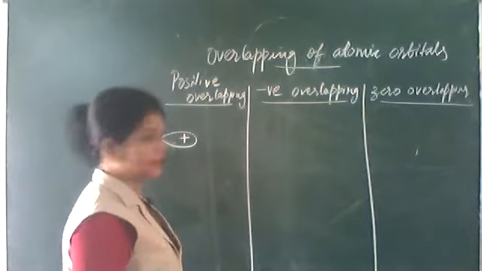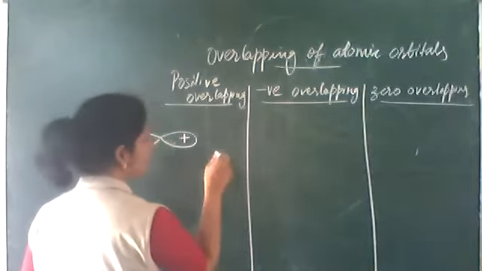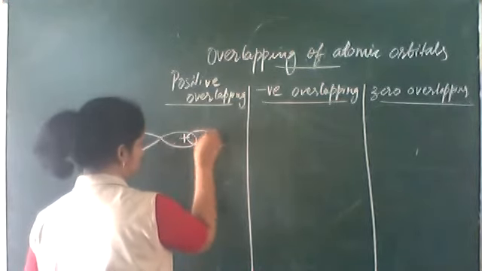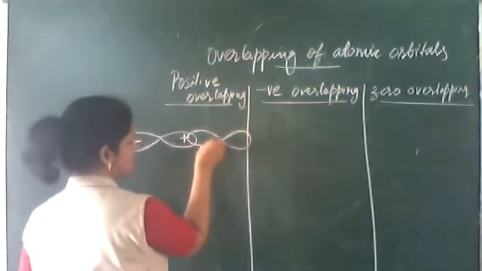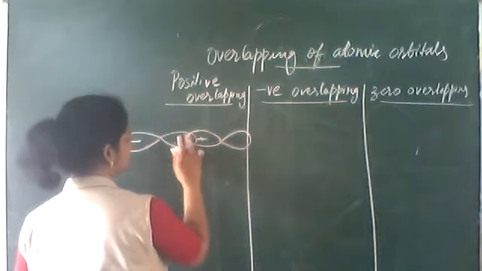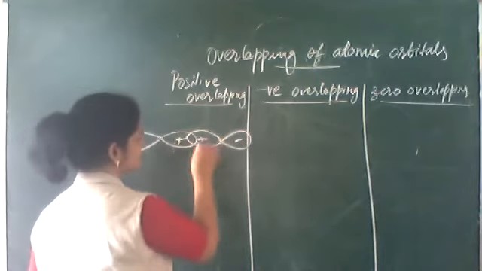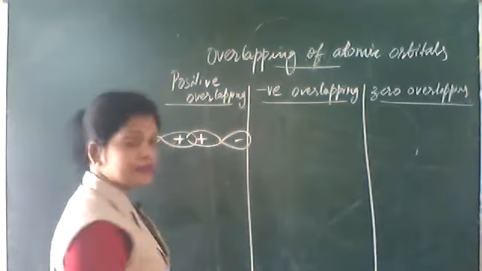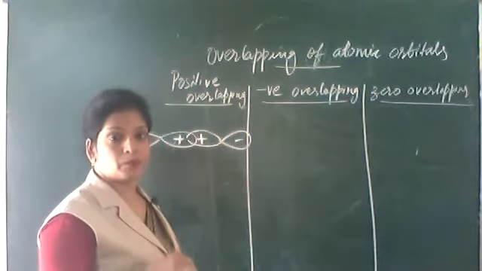This is one p orbital. If it overlaps with another p orbital with its positive lobe, positive and negative are the phase signs. When positive meets positive, we say positive overlap.